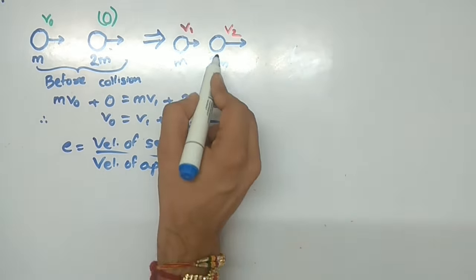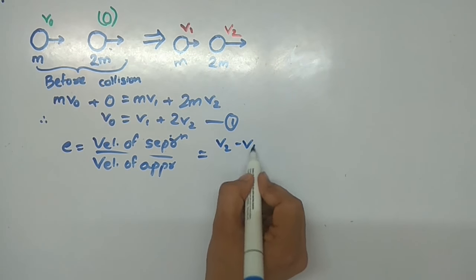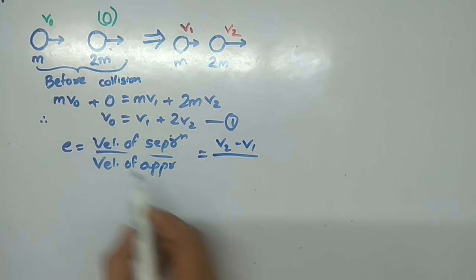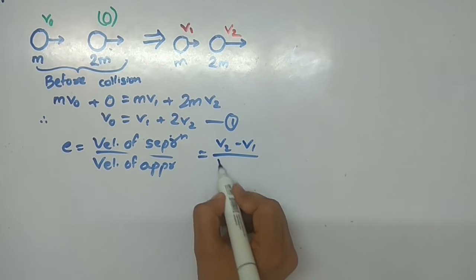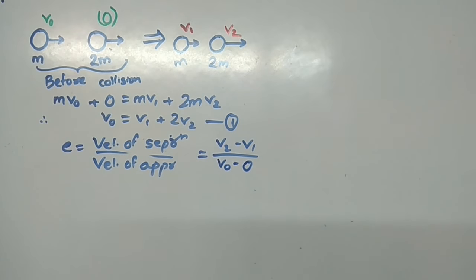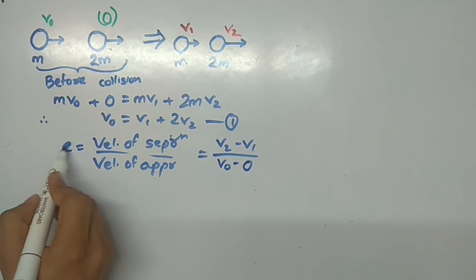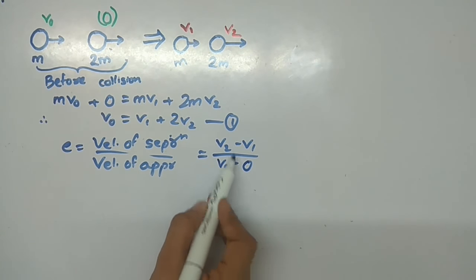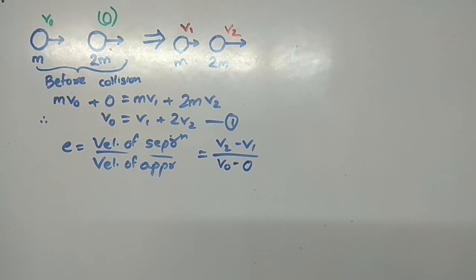Velocity of separation is given by v2 minus v1, upon velocity of approach, given by v0 minus the other velocity, which happens to be 0 in this case. But since e is equal to 1, both the values will be equal.